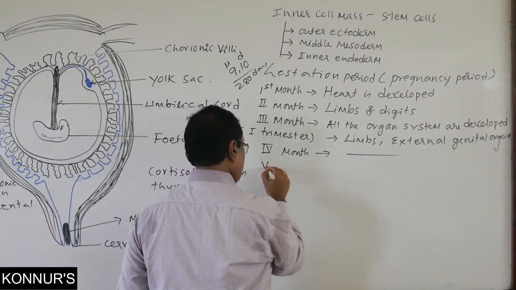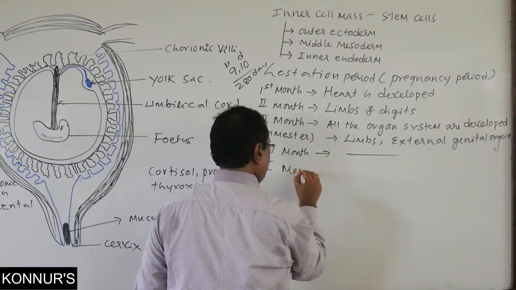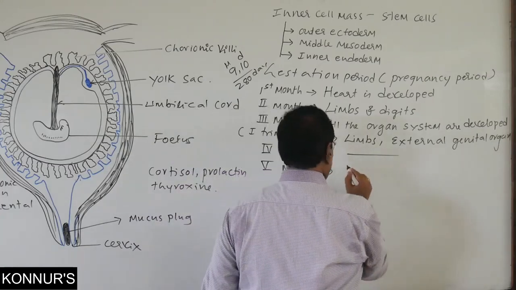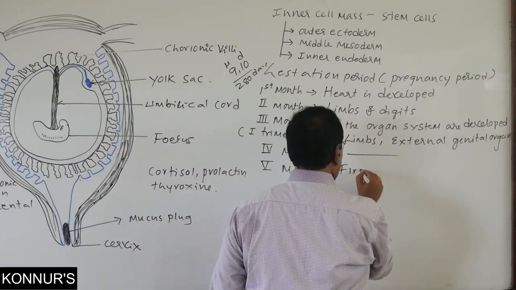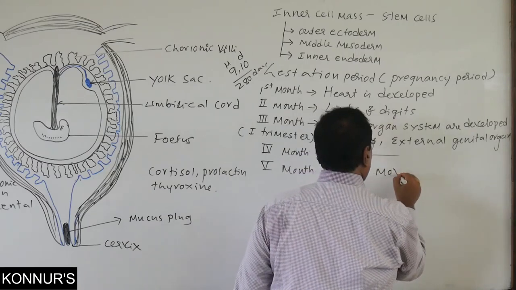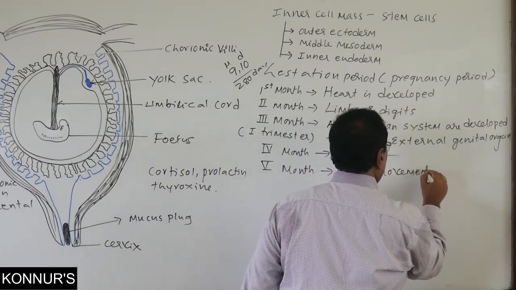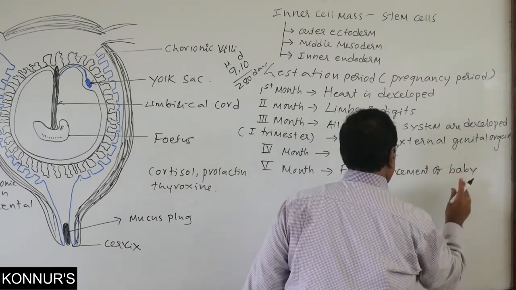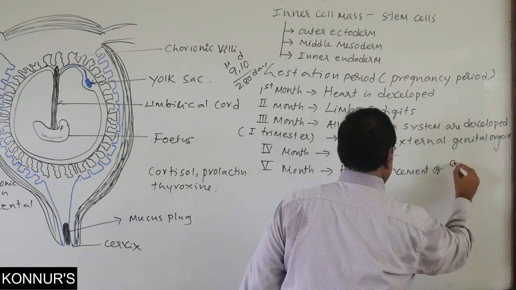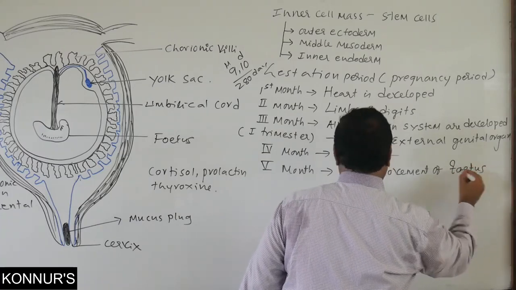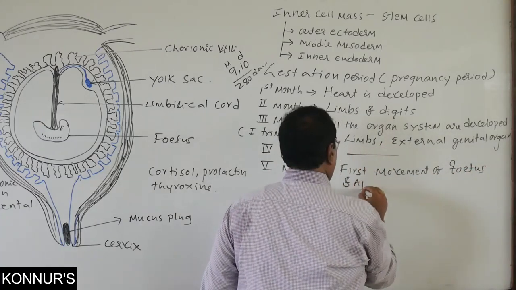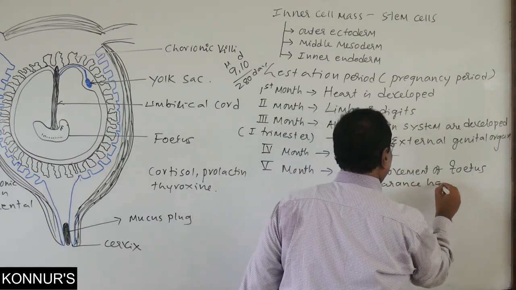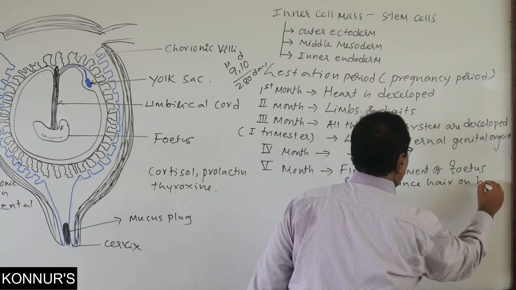But the fifth month has the first movement of the baby, the first movement of the fetus, and the appearance of hair on the head.